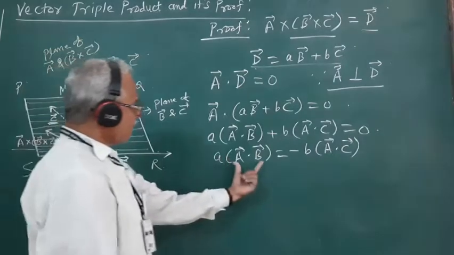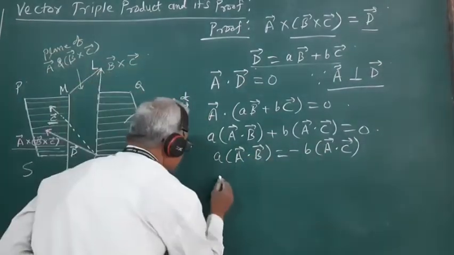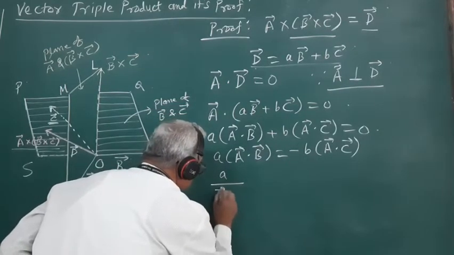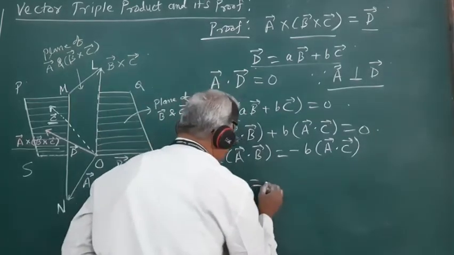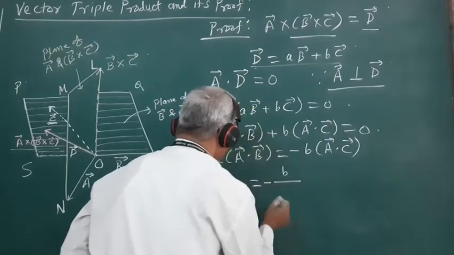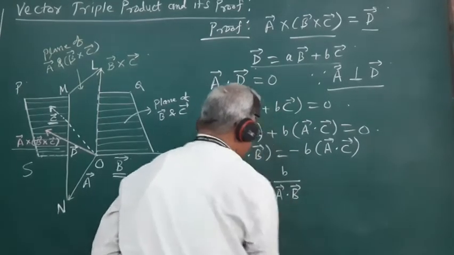Or transferring these brackets to the opposite sides, we can express this relation as A upon A bar dot C bar is equal to minus B upon A bar dot B bar.